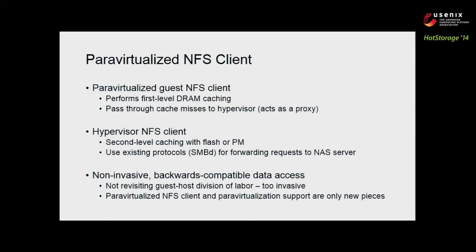The hypervisor NFS client would perform the second-level caching with flash or persistent memory. And beyond that, on the data path, we would use existing protocols such as SMB to forward requests to the NAS server. We believe this approach is non-invasive because the only thing that needs to be modified is the support for paravirtualization within the hypervisor and a lightweight proxy within the guest OS.